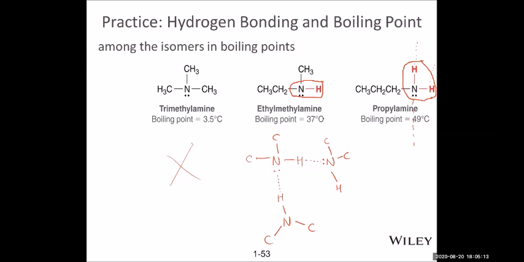And this, not so much. And of course, this trimethylamine has no hydrogen bonding, so it will have the lowest boiling point. So the intermolecular force and bond polarity all come together to cause the difference in the physical properties.